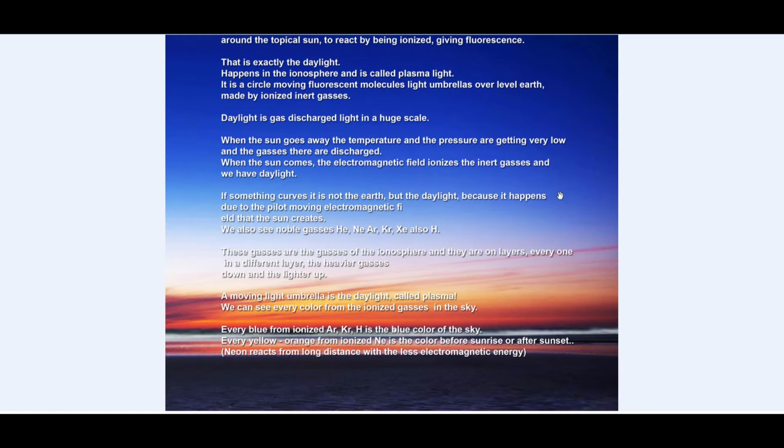Now, these gases are the gases of the ionosphere, and they are on layers, each one in a different layer. The heavier gases down and the lighter gases up. Now, if you're heavy, it's because your density is bigger than the environment you're in, like the air. And that's why, for example, in water, if the water has lots of salt, we float, because the density of the water with lots of salt is higher than the density of our bodies.